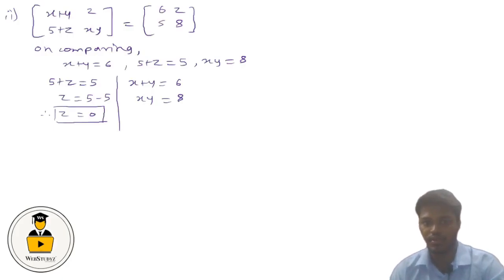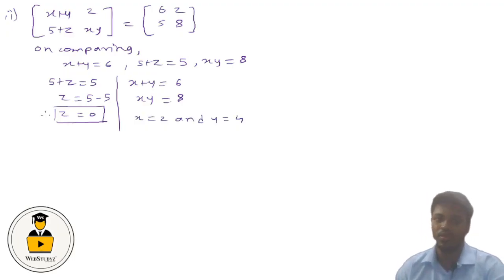So we can say that x will be equal to 2 and y will be equal to 4. Or the reverse is also possible. That means x can also be equal to 4 and y can be equal to 2. As there is no certain criteria, we can say that this is true.